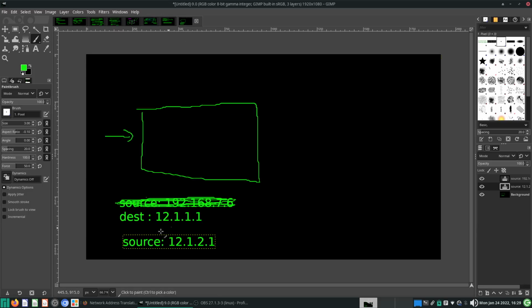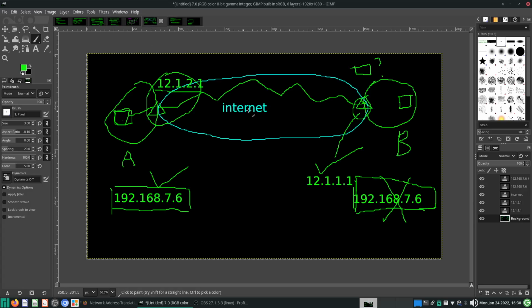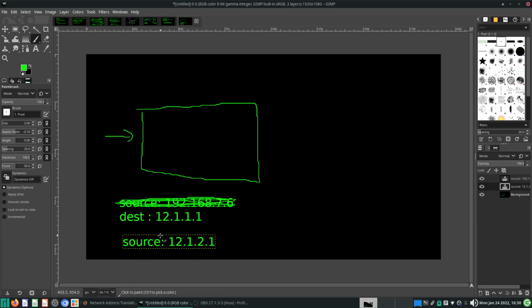So what network address translation does is that when your data packet travels through the internet, your IP address on the local network will be hidden. No one will ever see this IP address unless you choose to reveal it elsewhere. But in the IP datagram, you will only see the destination IP address and the source IP address of your router.